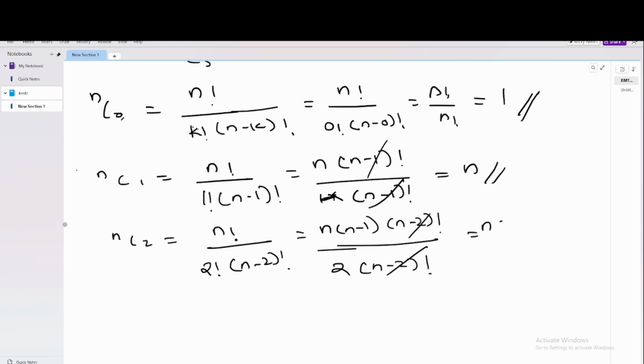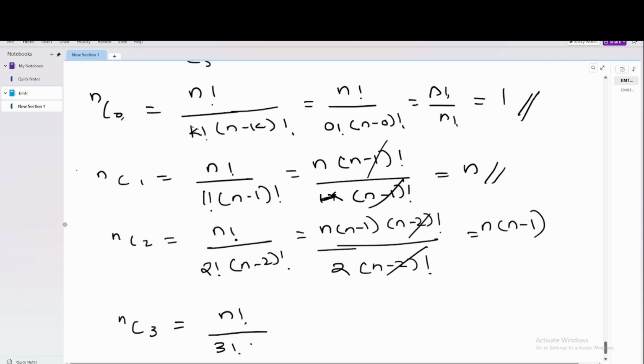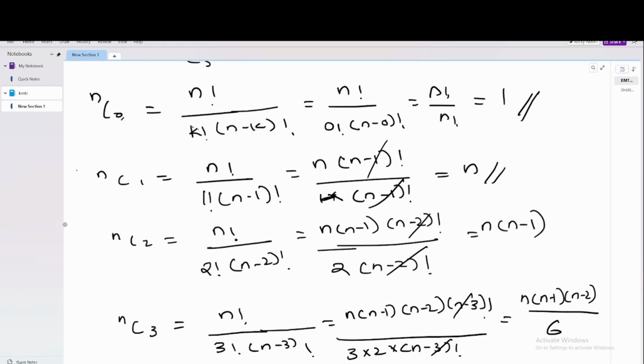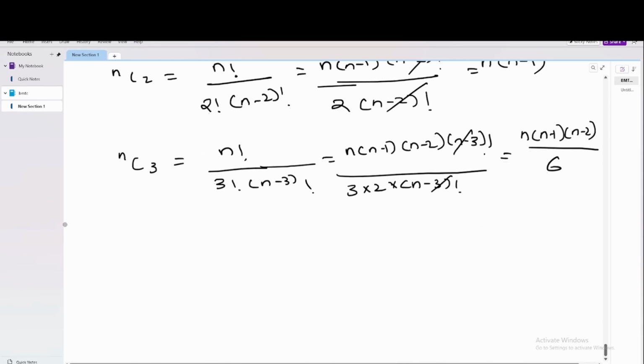Cancel, which is equal to n into n minus 1 by 2. And nC3 is equal to n factorial divided by 3 factorial into n minus 3 factorial. 3 factorial is 3 into 2, n minus 3 factorials cancel, so it is n into n minus 1 into n minus 2 by 6.